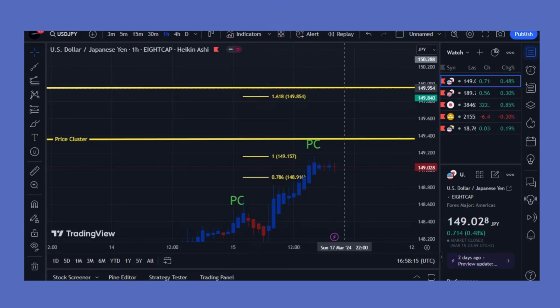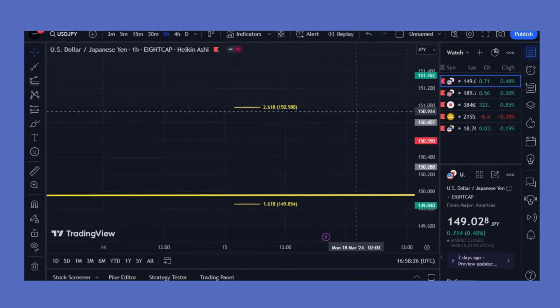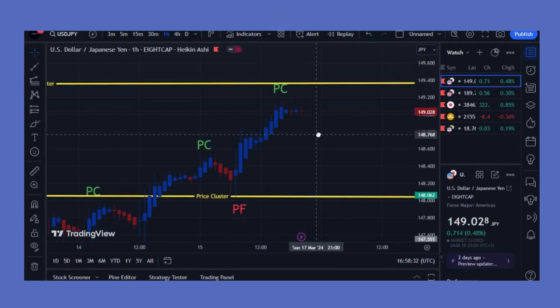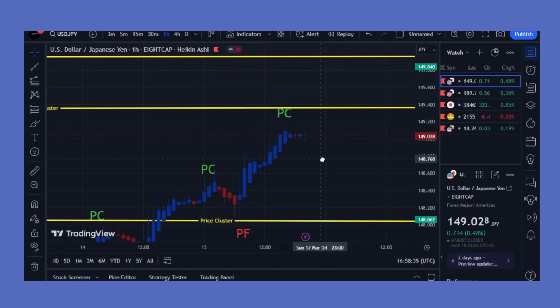So there's a possibility the price will get close to this key level here and correct to the downside and take also this price cluster here and move to the upside to form the last leg of the bullish movement. All right, so now we have our price cluster. So the next thing is to find our construction and expansion zone, where we will be entering our position for the first time in a week with this pair. All right, so carry on.